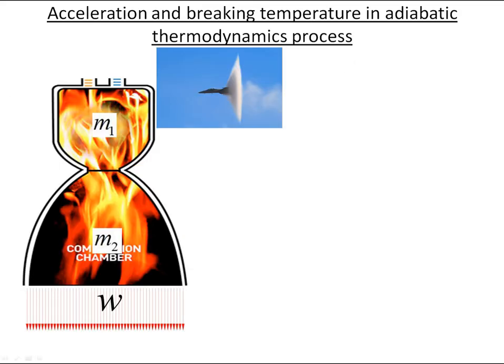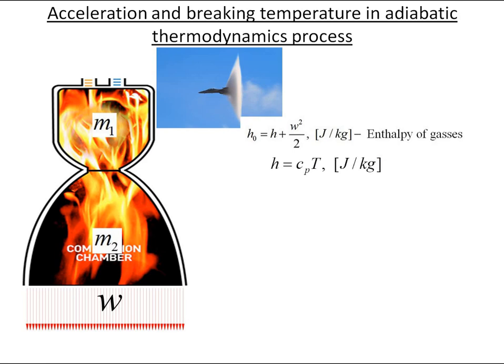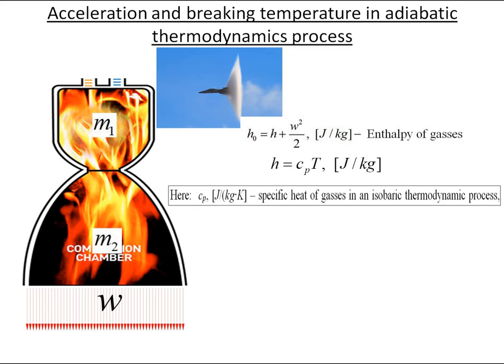In the process of adiabatic air braking or stopping, air molecules heat up. We know that gas enthalpy can be expressed in such a way. Here, C with index P is the specific heat of gases in an isobaric thermodynamic process.